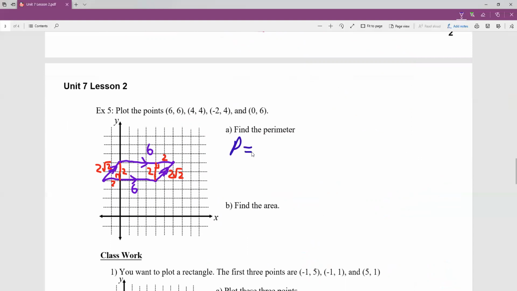So the perimeter is going to be equal to 6 plus 6 plus 2 root 2 plus 2 root 2. Let's combine like terms. When we do that, we're going to have 12 plus 4 root 2. And that is our perimeter.